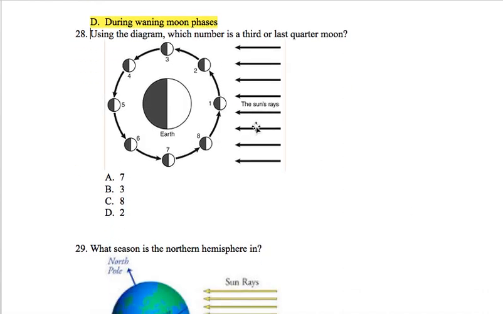Number 28. Using the diagram, which number is a third or last quarter moon? So which of these numbers? A. 7. B. 3. C. 8. Or D. 2.